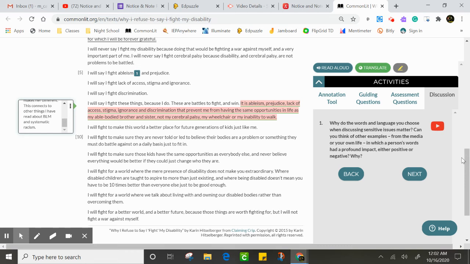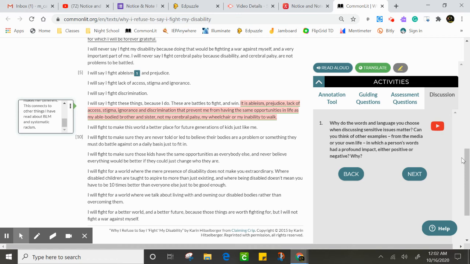So can you see how me taking the time to look for extreme language and look for times when she's comparing and contrasting things, making annotations where I think about how it is that these words affect me? What is she trying to show me with these words?